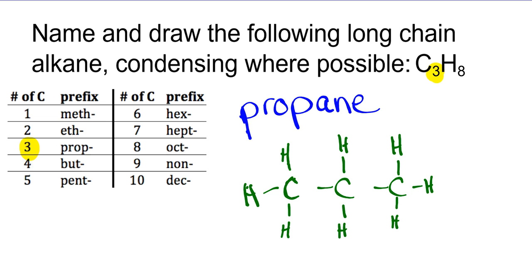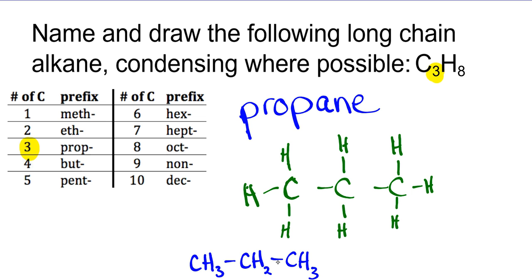Okay, so with that, a better way of drawing it would be just to have, well, let's say this first one, I've got CH3, attach that to a CH2, and attach that to another CH3. Okay, this is, I don't know what it's called, this type of diagram, but it's kind of our basic molecular diagrams.